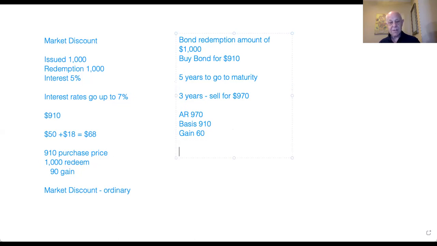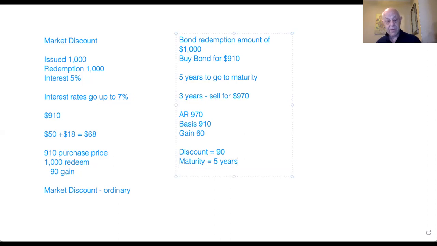And so the rule that Congress came up with is they said, what was the total discount? The total discount was 90. How many years were left to maturity when you bought the bond? And you go, oh, when I bought the bond, the time to maturity equaled 5 years.